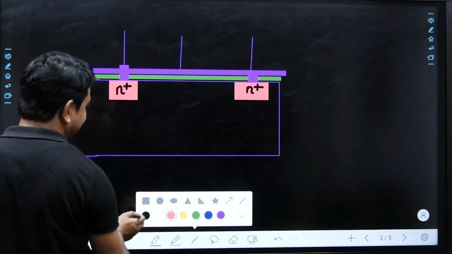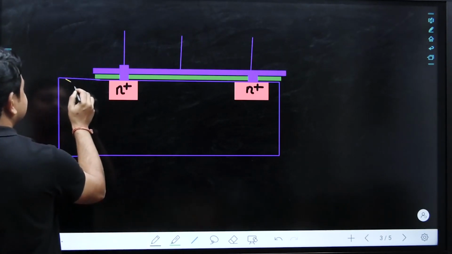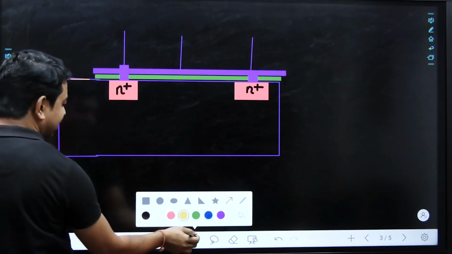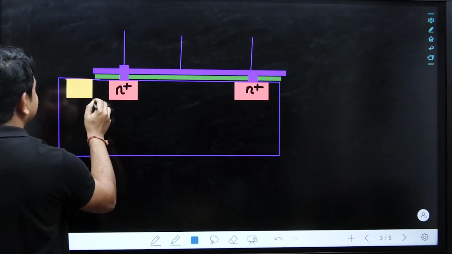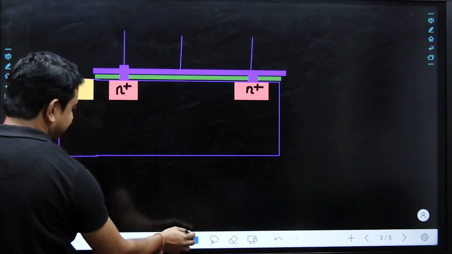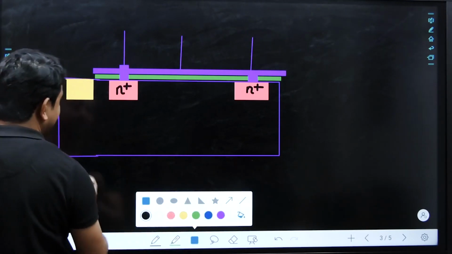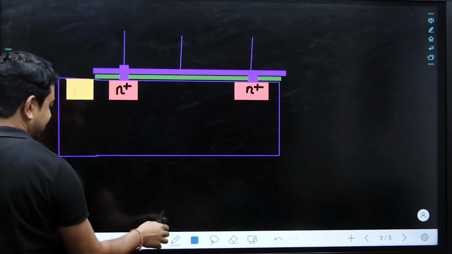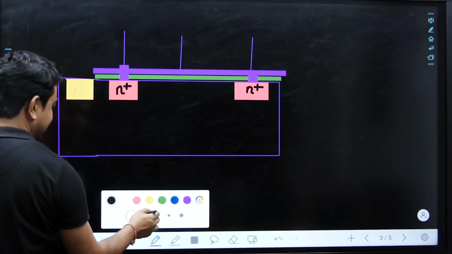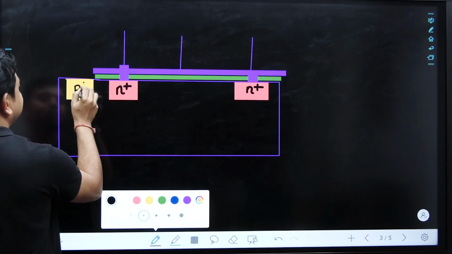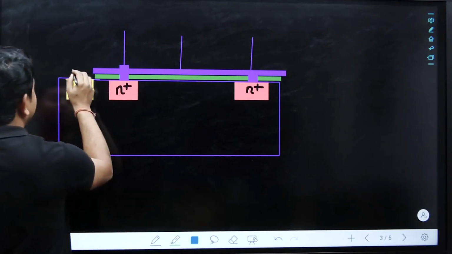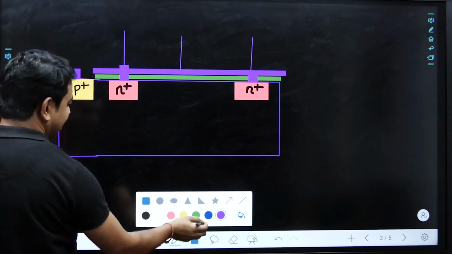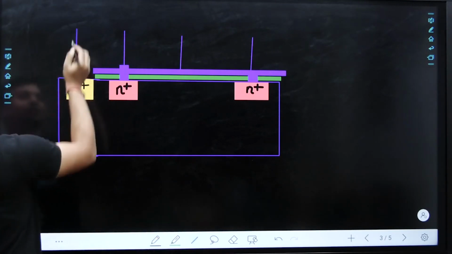So I will make a heavily doped region like this, and I will change the color. The reason I have changed the color is that this is a heavily doped P plus region. I just write here, this is a heavily doped P plus region, and I will make a metal contact here and extend a terminal like this. This is acting as the body.